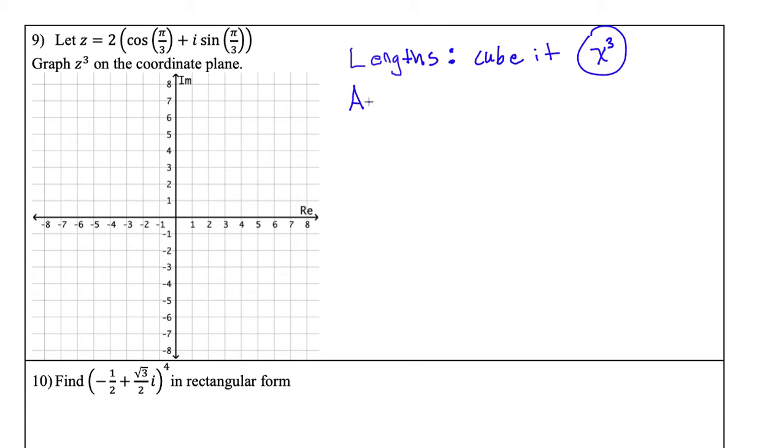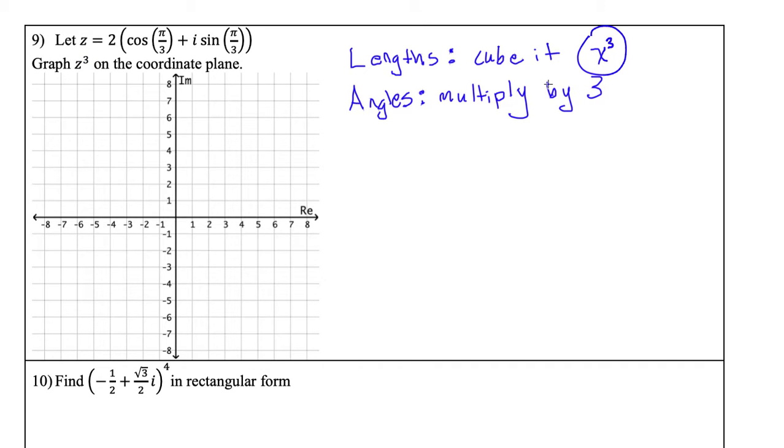If I'm talking about the angles, I'm just going to multiply by 3. Again, if this number was 2 instead of 3, I would square it and multiply by 2. If this number was 4, I would take it to the 4th power and multiply by 4. Are we all clear on what's going on?